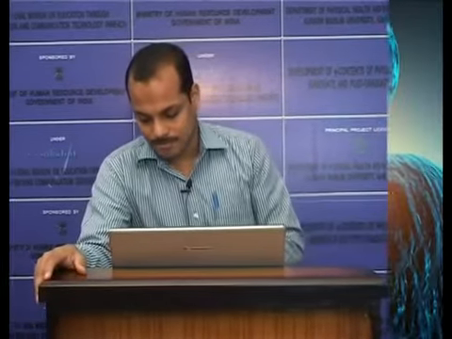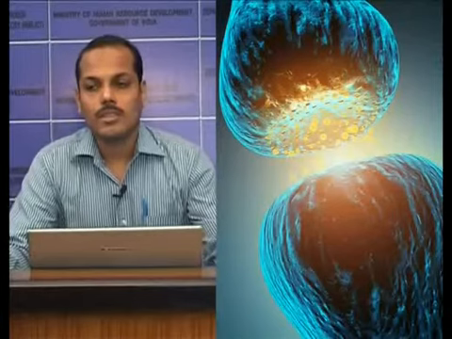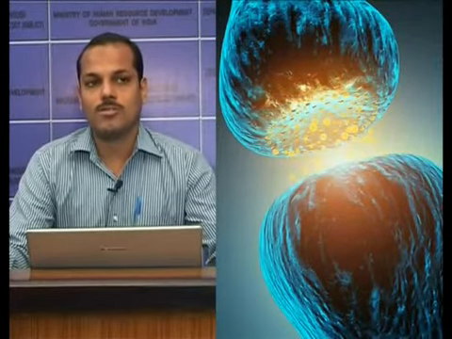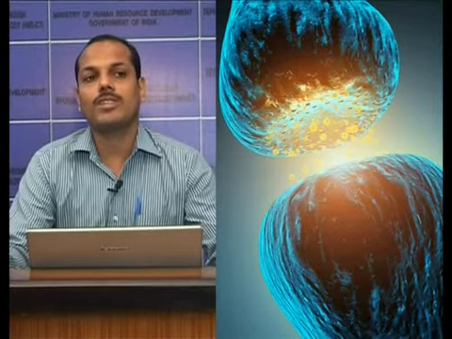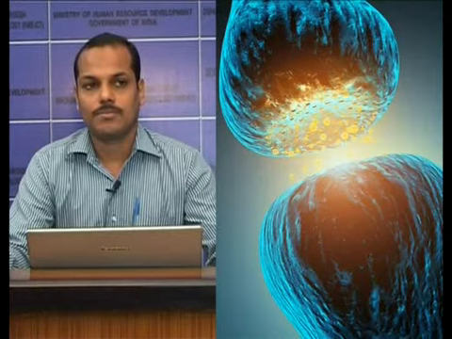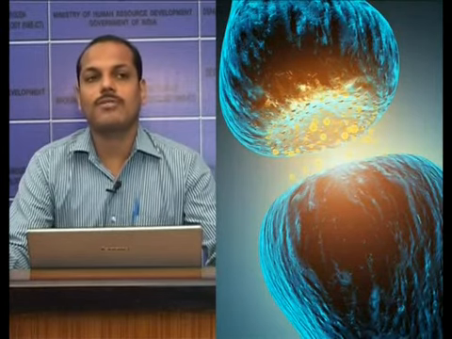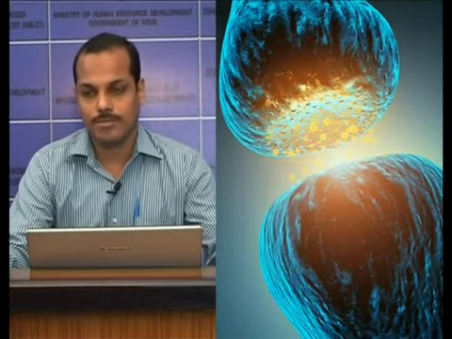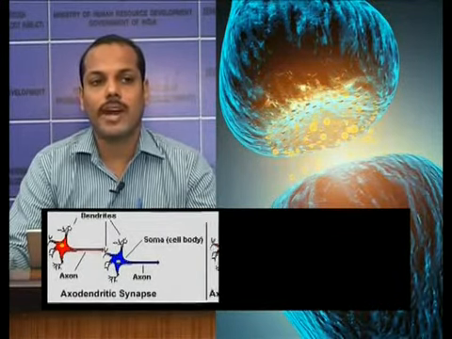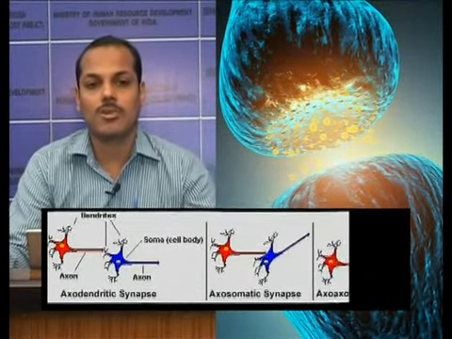Now, the synapses. A synapse is a junction between two neurons where the information from one neuron is transmitted or relayed to the other. There are three types of synapses seen in the body: axodendritic, axosomatic and axoaxonic.